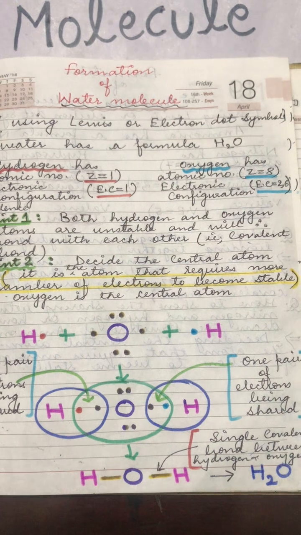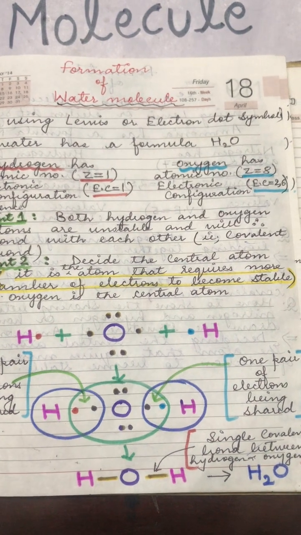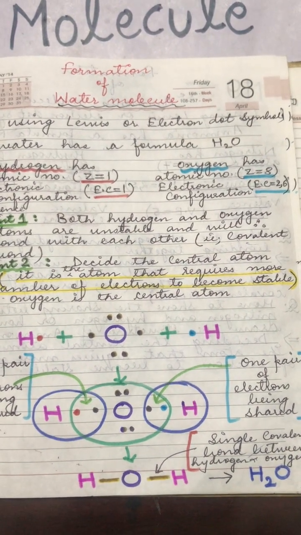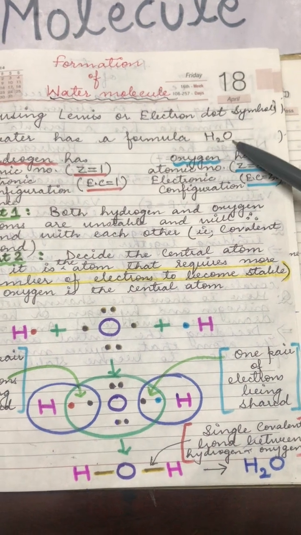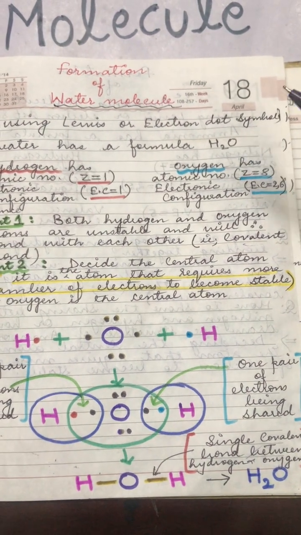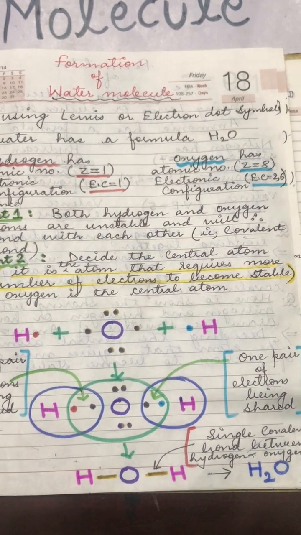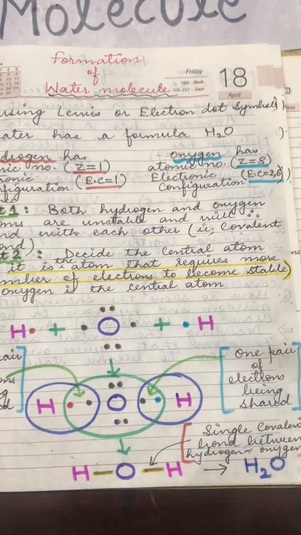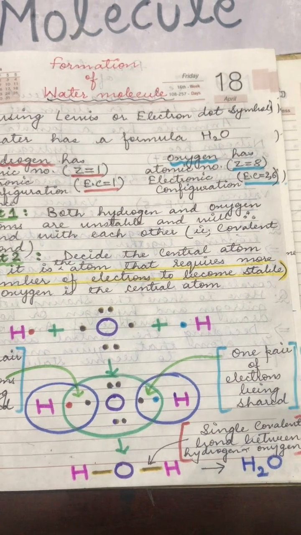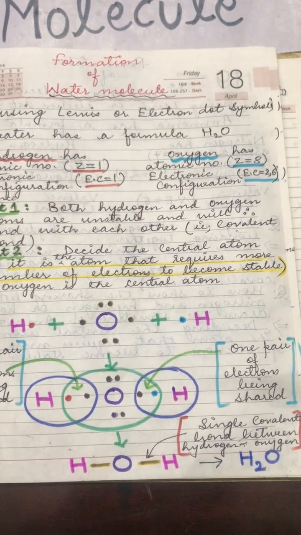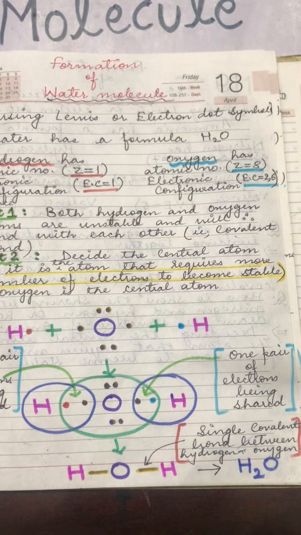Now, whenever there is a molecule in which the atoms involved are different, we need to find out which element, out of the atoms or elements present in the molecule, requires more electrons to become stable.